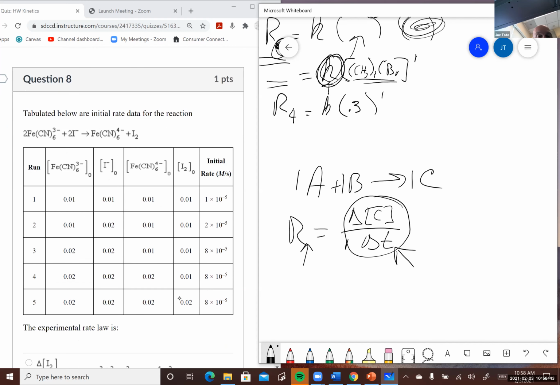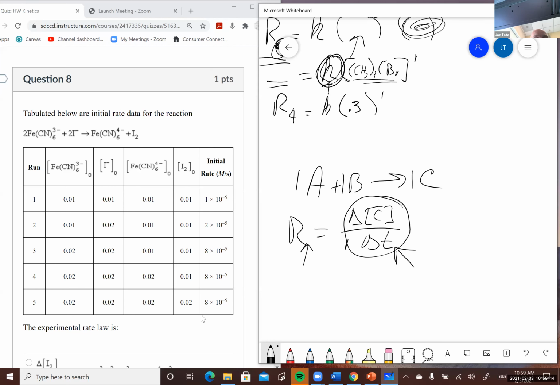Tabulated data below. So in this one, they give you changes of concentration for a whole bunch of things here. But you have to remember about rate laws and what they're all about. They give you the units of rate, molarity per second.